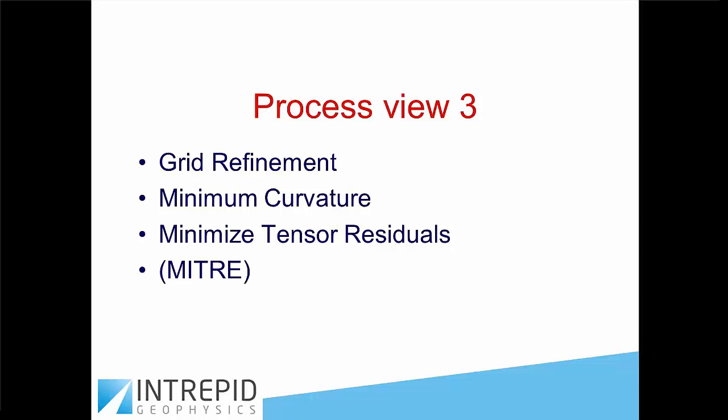So the minimum curvature condition is a second order type curvature, and since we're measuring second order curvatures with tensors, we have to go to a third order minimizer, and we've done that, and so you come up with a 7 by 7 by 6 kernel that we apply through the tensor grid to minimize the residuals and to honor the physics.